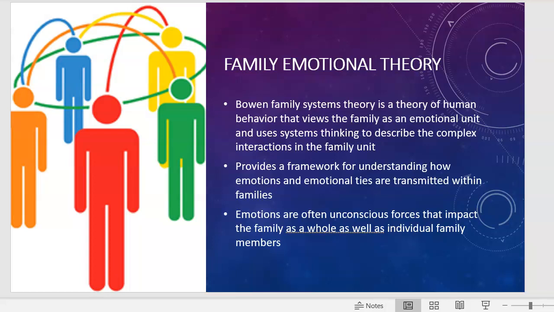His focus on emotions also is psychodynamic, in that emotions are unconscious forces that are impacting the family as a whole. At the same time, they're impacting individual family members. So his is both a systems theory and a psychodynamic theory of the transmittal of emotions.